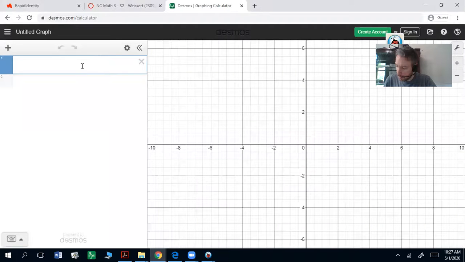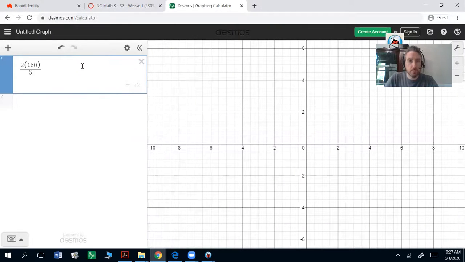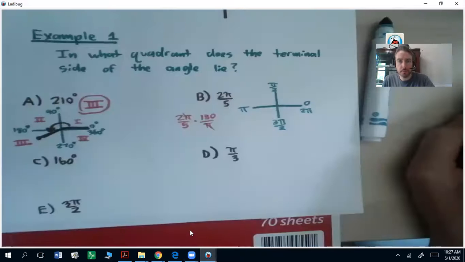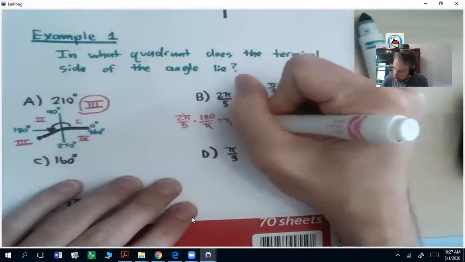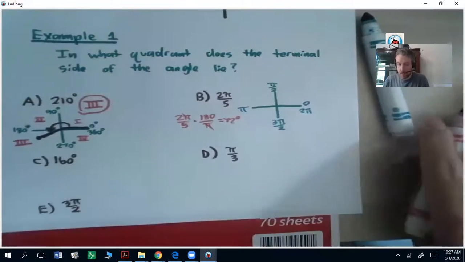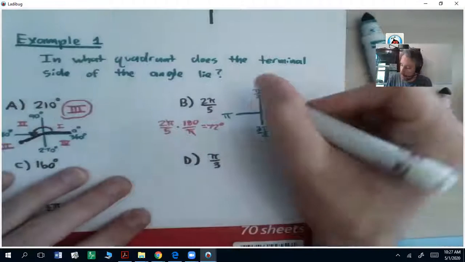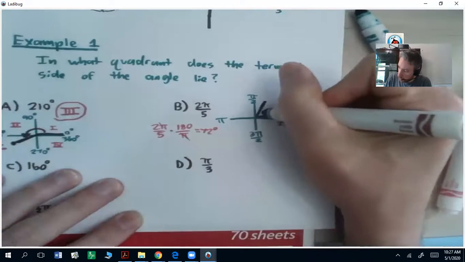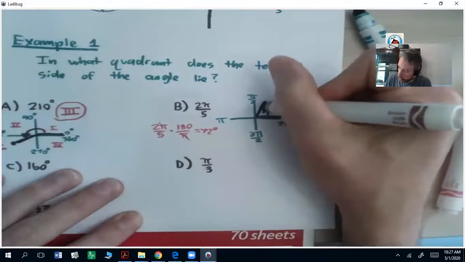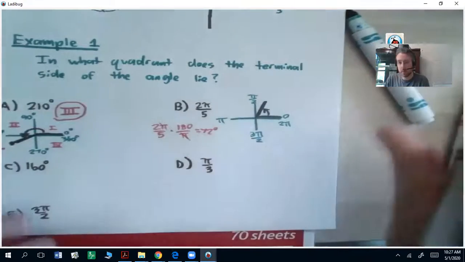That would be 2 times 180 divided by 5. And the calculator says it's 72 degrees. So I'll write that. Now I'm going to make that angle. So 72 degrees is indeed less than 90 degrees. So it's going to be somewhere around there. That side of the angle is going to lie, of course, in quadrant 1.